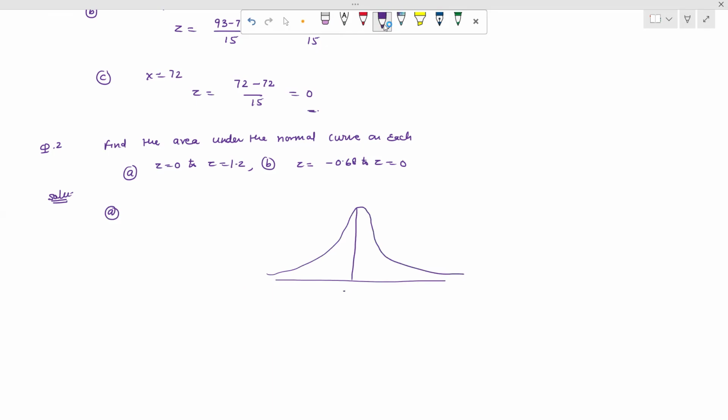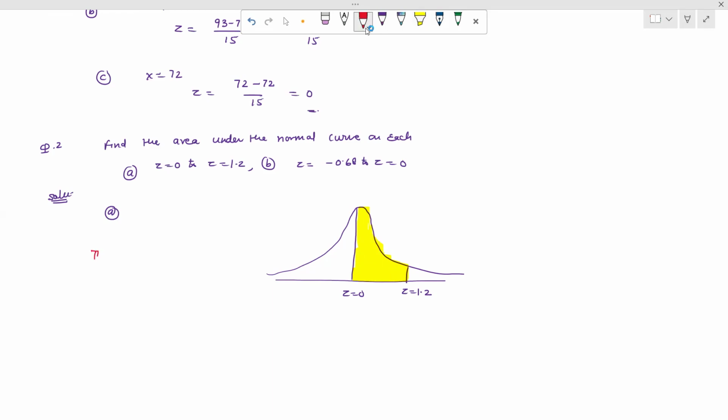Here we have Z equal to 0 and Z equal to 1.2. So now we are talking about this area. This is our shaded area.